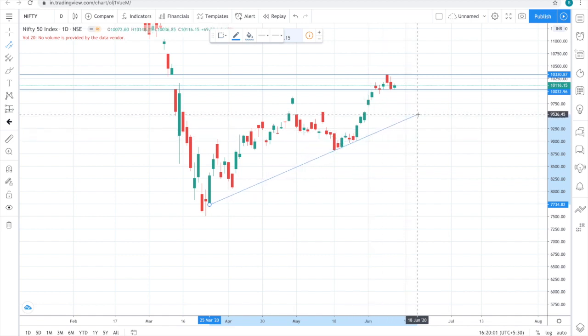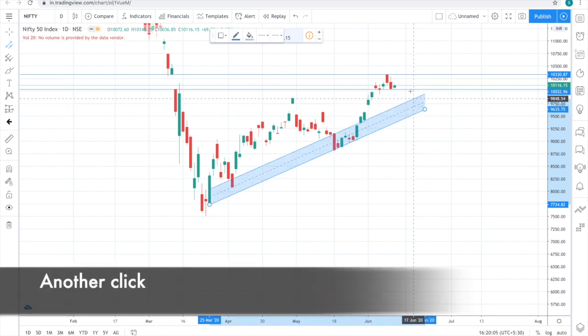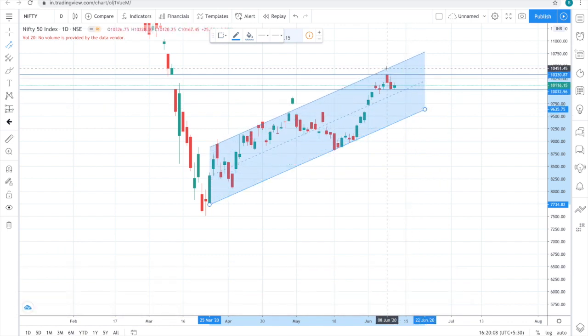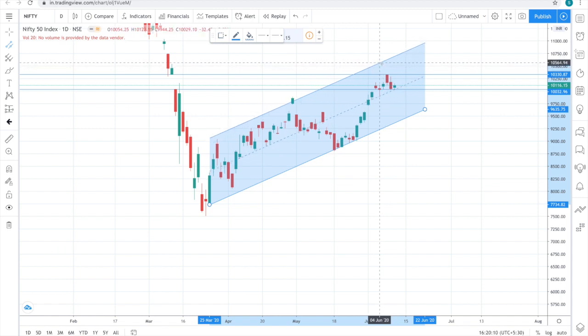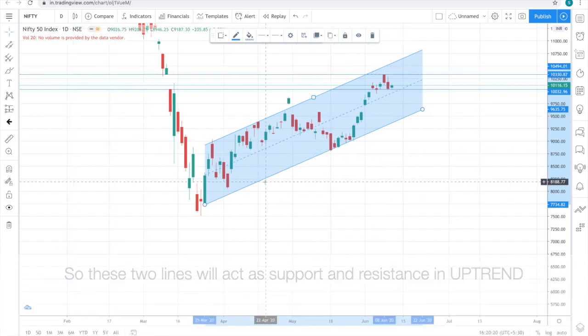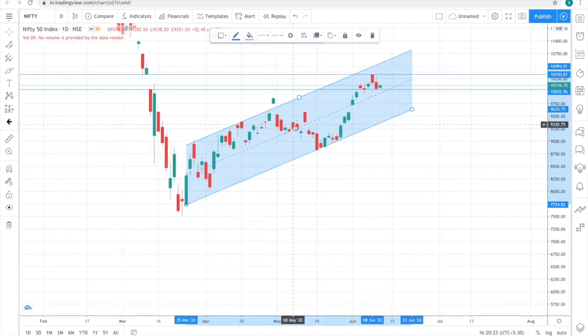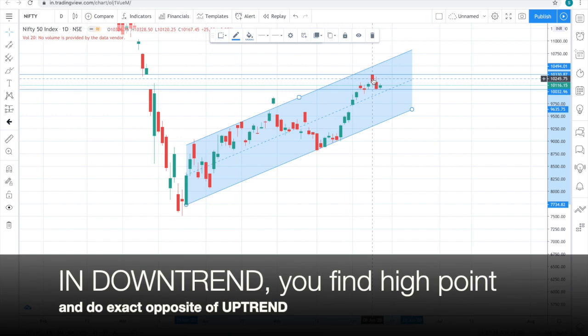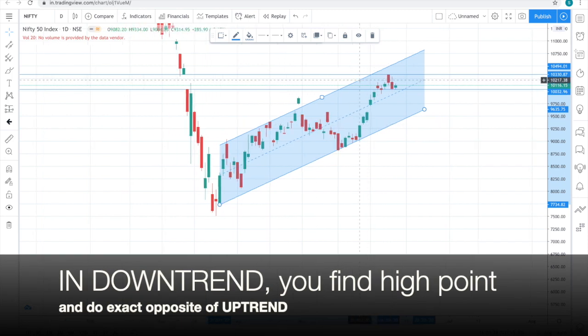So I would say just here is fine. Awesome. And I just draw a parallel channel, cutting as many points as possible. So this one. So this seems to be an uptrend, and the Nifty 50 still seems to be in an uptrend.